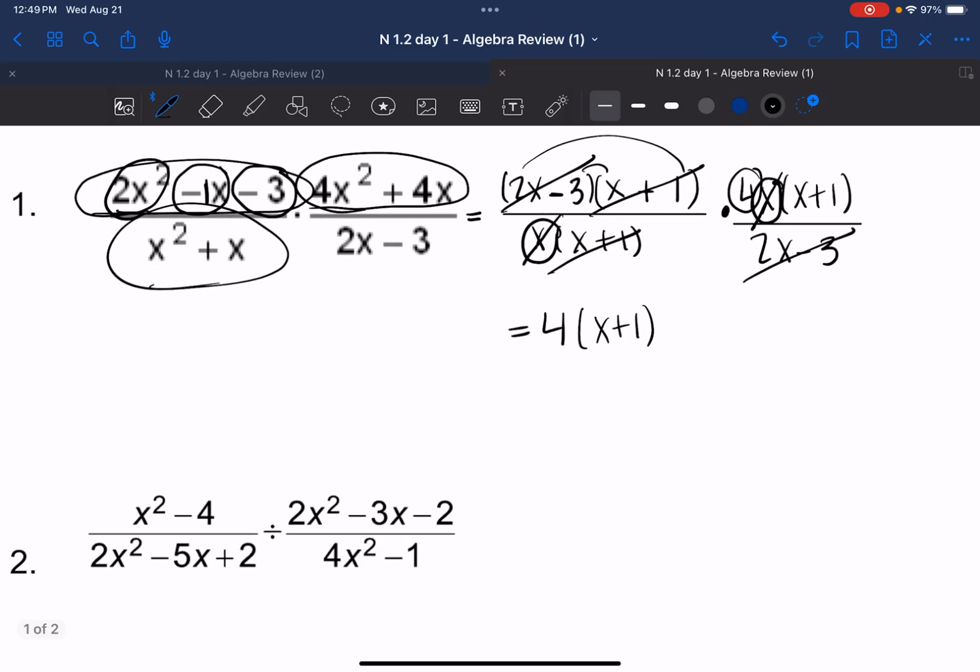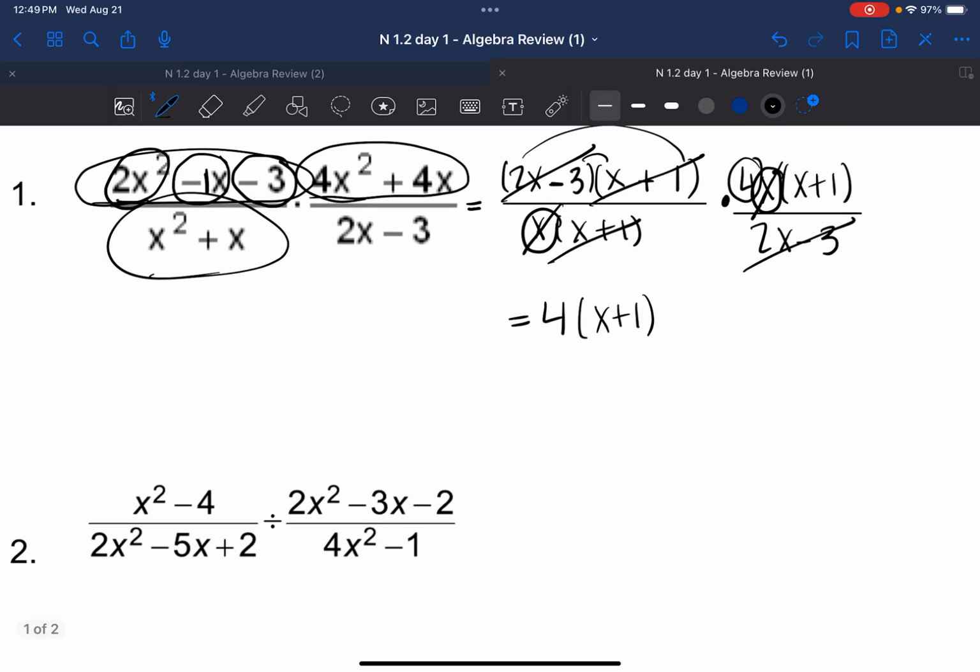So let's do another one of those. Okay, so again, I'm going to factor everything I can, starting with that x squared minus 4. That's a difference of squares, so that's going to be x plus 2 and x minus 2 over that 2x squared minus 5x plus 2.